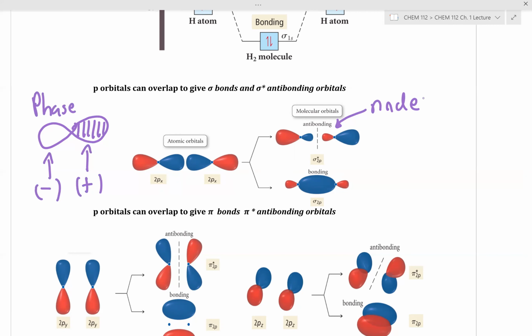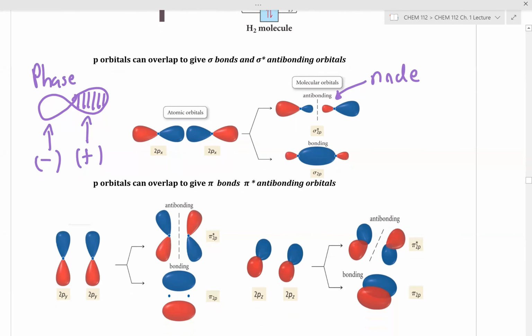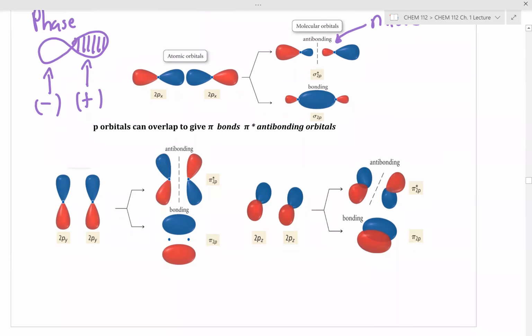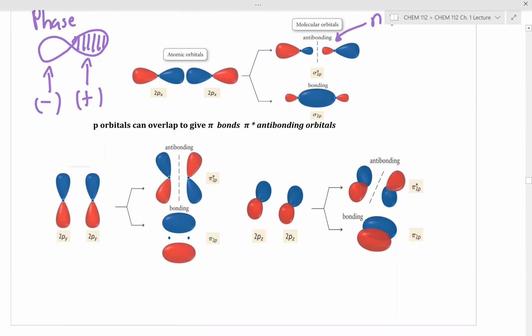Okay, let's now take a look at our p orbital overlaps to give pi and pi star. So as we notice, a typical pi bond is parallel to our bond axis. Looking at our pi star, what do we notice is a key feature again of the pi star, the antibonding orbital? A node.